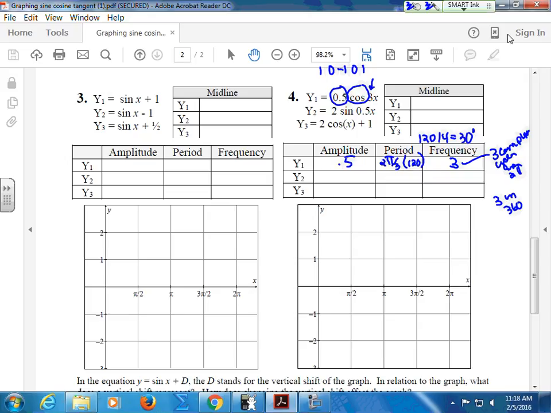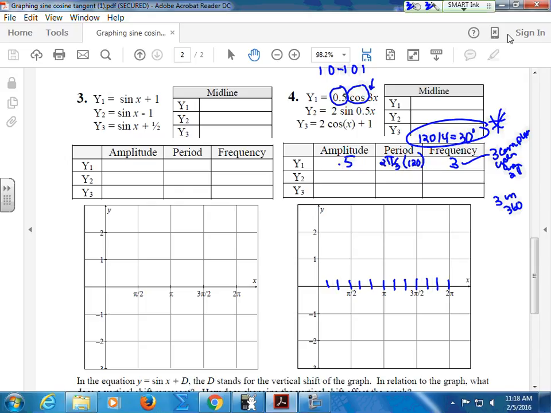How many 30s inside my 90? 3. So I can start like this: 30, 60, 90. I just separated them into 30 degrees. So each 90 has 2 tick marks inside of it, which gives you 3 sections of 30. This is what was key right here.